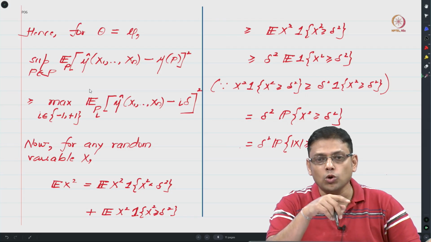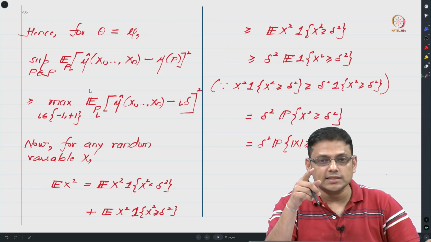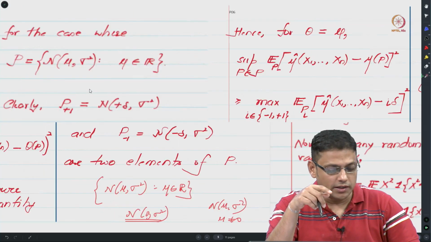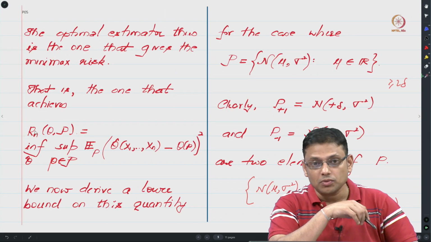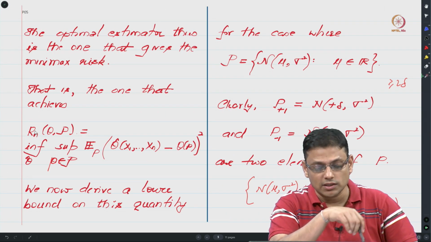Recall that our goal was to find a lower bound on this minimax risk, in particular this quantity Rn of theta of p that I had defined on this slide.